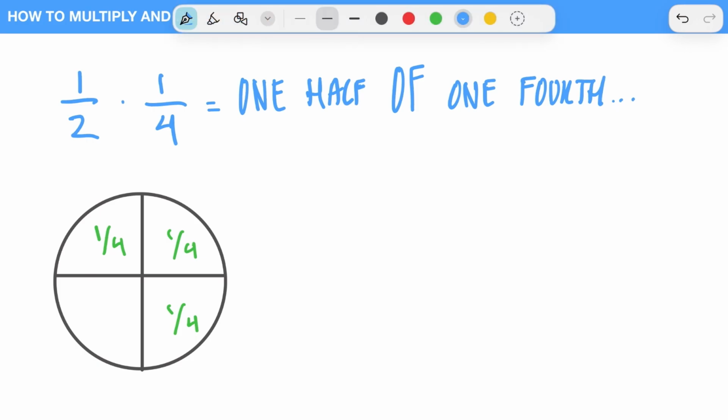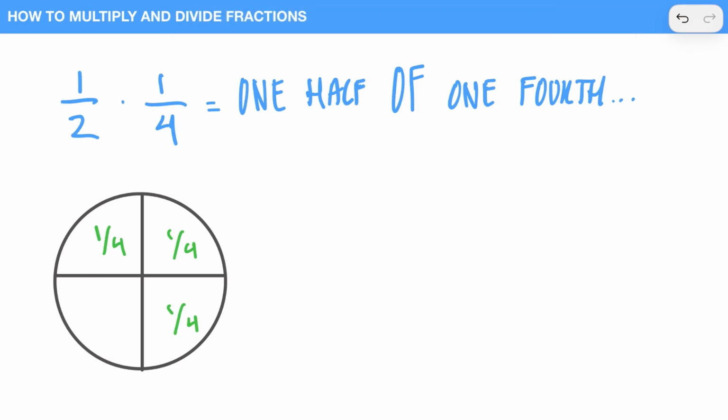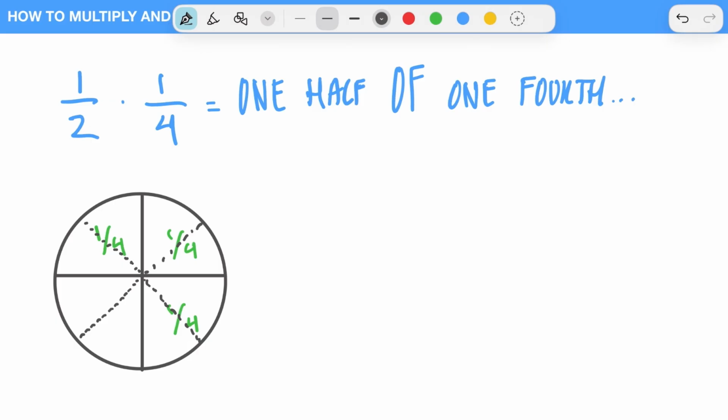So let's draw this out. If I take 1/2 of 1/4, I just split this down the middle like that. Notice I've split the fourths in 2, and if I do that to all 4 of these slices, what we've now created for ourselves is not fourths, but eighths.